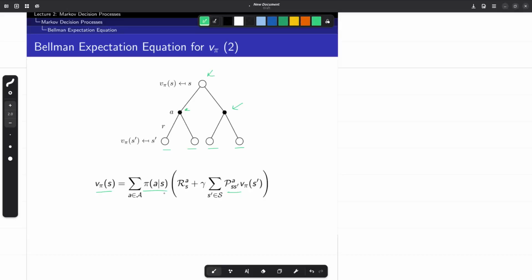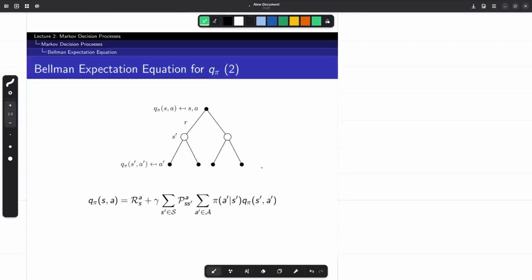After choosing that action, I would get a reward. Also, I have to calculate the expected value of the next state that I'm going to end up in after doing that action. So this would be the formula for calculating the value of a state based on the value of the next state that we are going to end up in if we follow that particular policy.